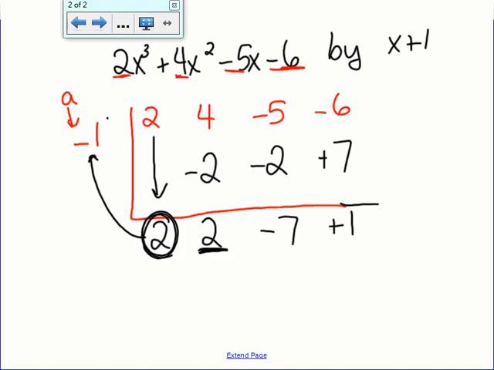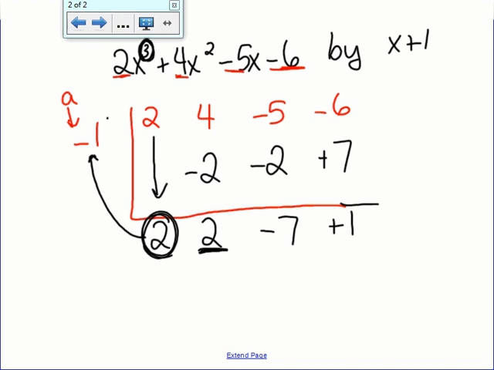So since the dividend is a polynomial of degree 3, because I've got my largest power up here as a 3, that means my quotient is going to be 1 less of a degree. So I know my quotient is going to have a degree of 2.